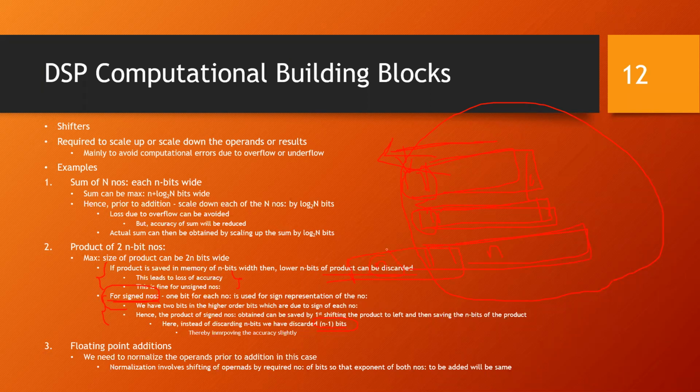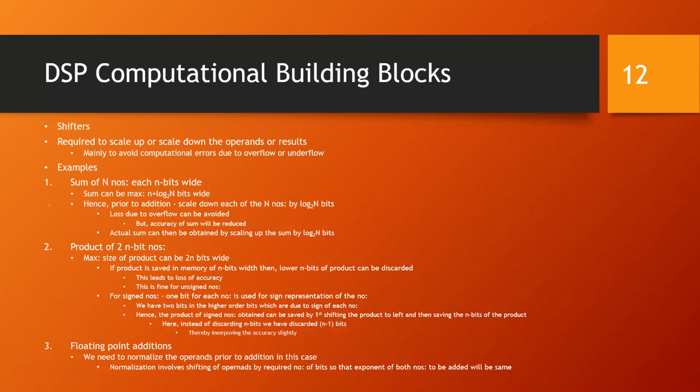But in this n bits, this one sign bit is added. Therefore, I'll be just discarding n minus 1 bits, not all the bits over here. So there is a slight improvement in accuracy compared to the previous step. You are rejecting only 1 bit less as compared to the unsigned numbers.